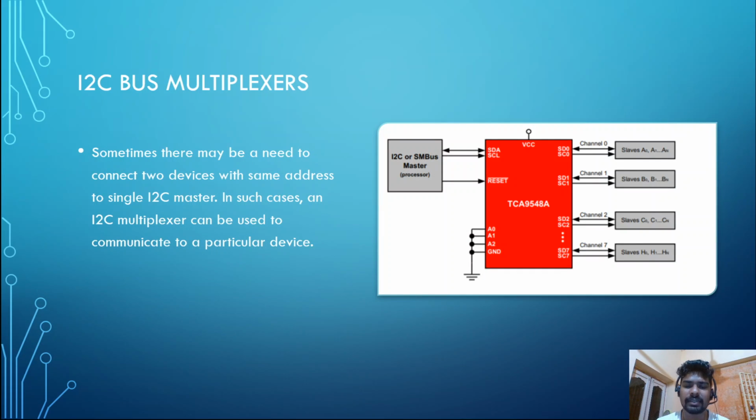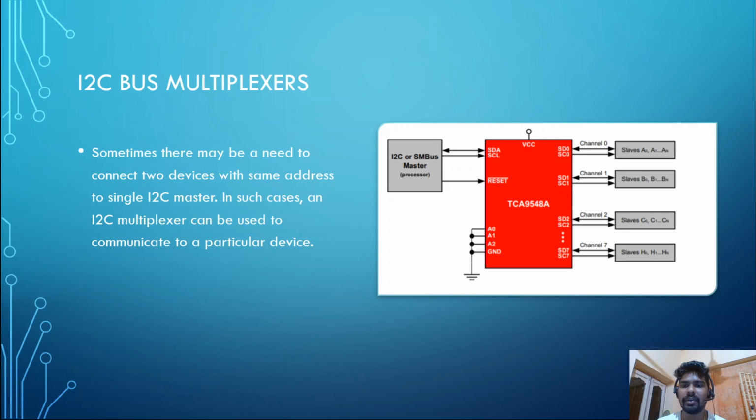I2C bus multiplexers. The main use of a multiplexer is when two devices have the same slave address and that address cannot be changed or programmed, and there is a need to connect those two devices to a single I2C bus. We can put a multiplexer in between, select any channel through this multiplexer, and communicate with each of them individually.